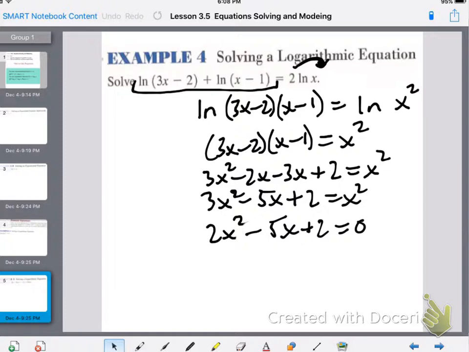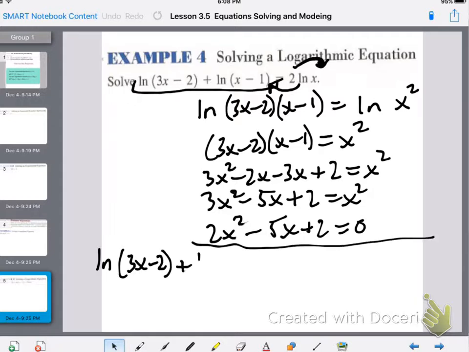So if I want to find the 0, I take the 2 ln x and move it over. So now this is ln 3x minus 2 plus ln x minus 1 minus 2 ln x, which equals 0.